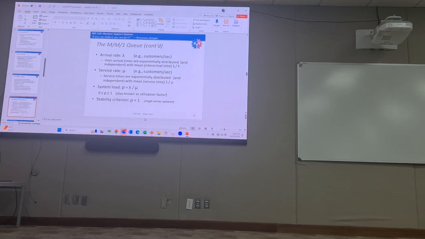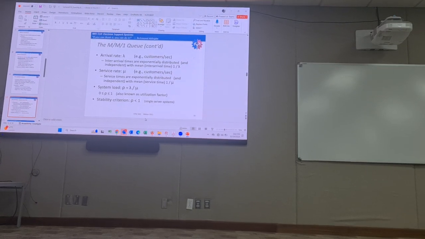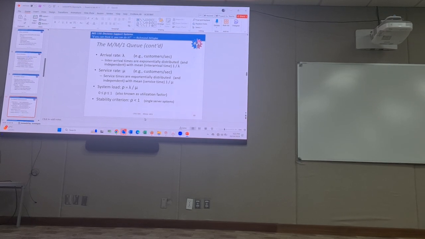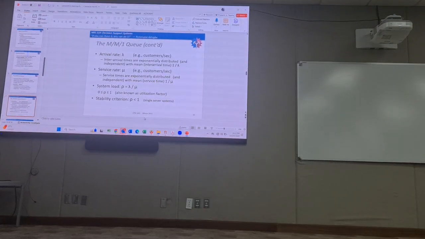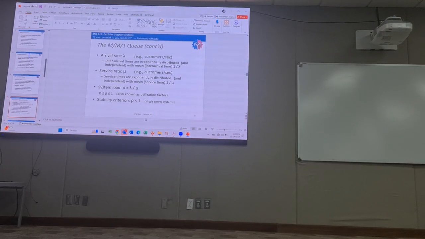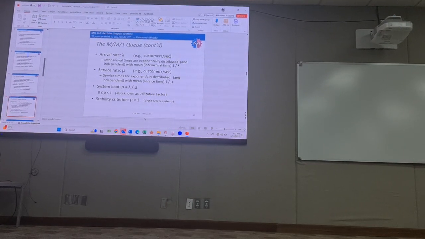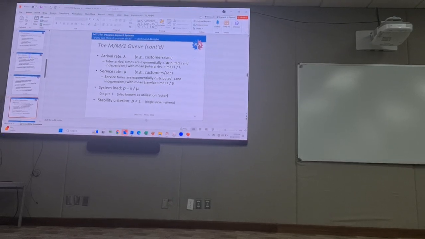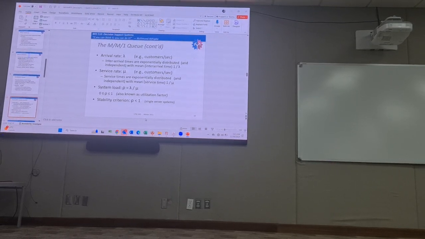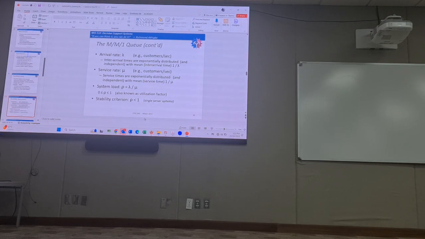So what is the difference between these two? Arrival rate is, as I told you, on average how many customers enter each minute. Let's say 3 customers per minute. If you try to record for, let's say, 10 minutes, in one minute you'll get 2, then 3, then 2, 3, 1, but on average you'll get 3 customers per minute.